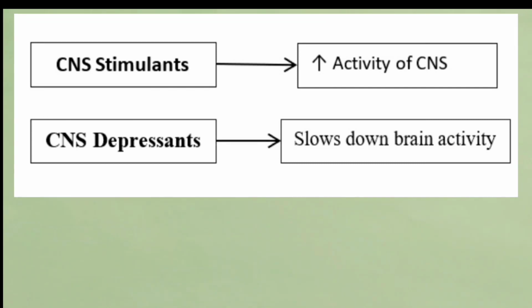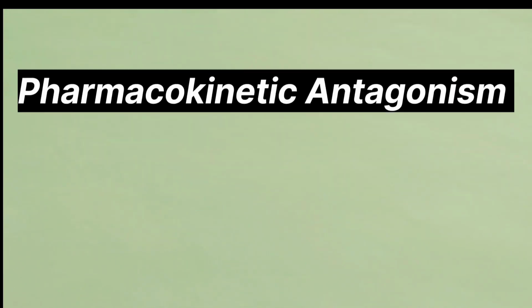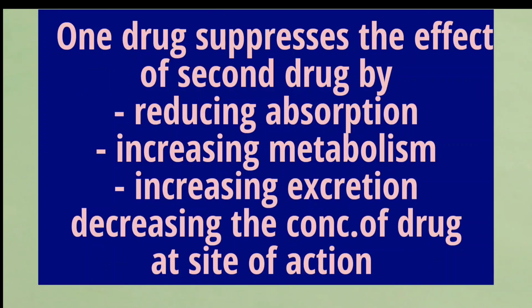Next is pharmacokinetic antagonism. Pharmacokinetic antagonism is the result of one drug suppressing the effect of a second drug by reducing its absorption or altering its distribution or increasing the rate of metabolism and elimination. This results in decreased concentration of the active drug at its site of action.